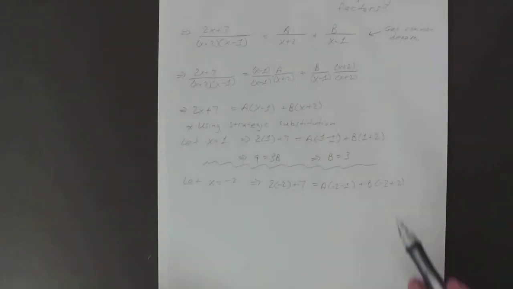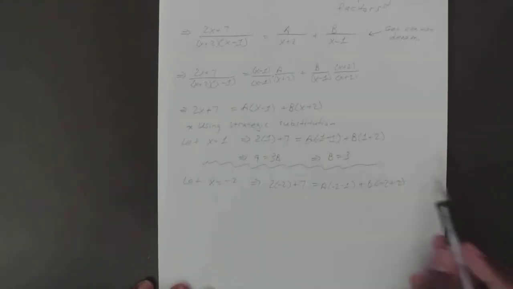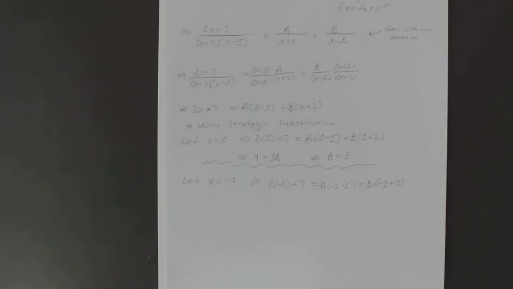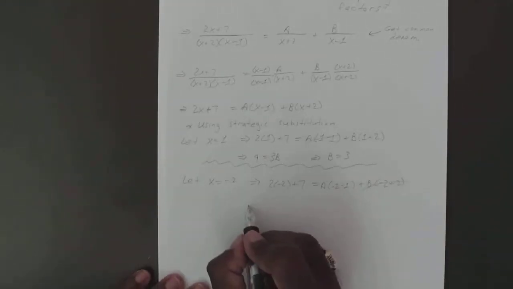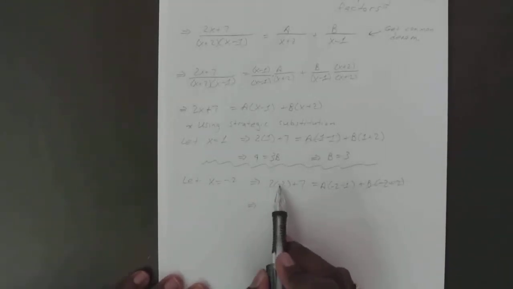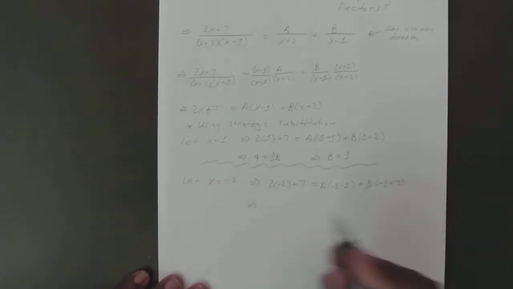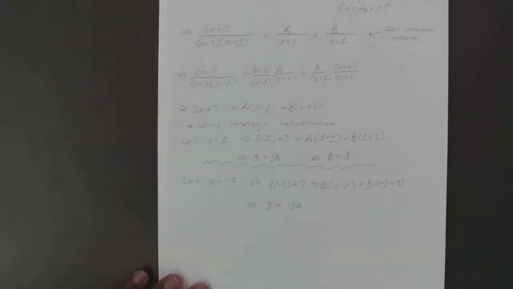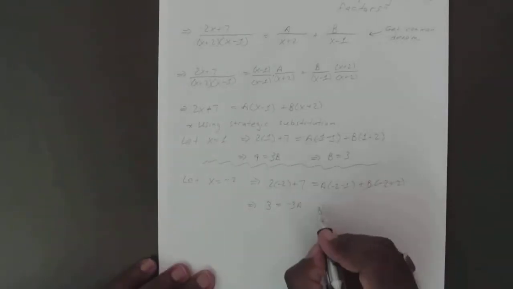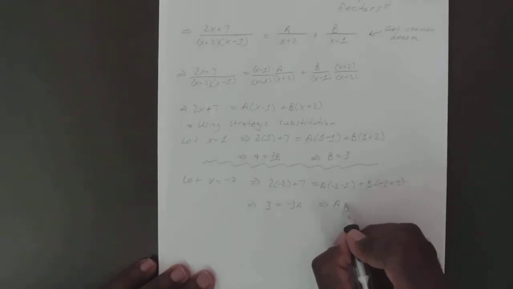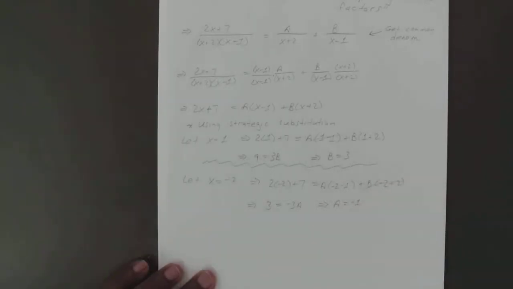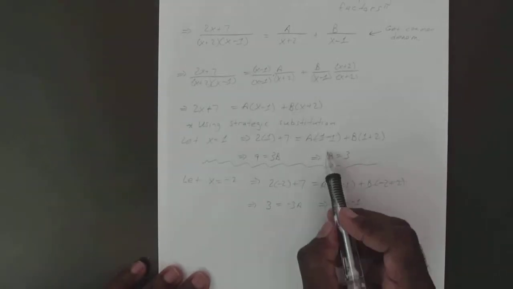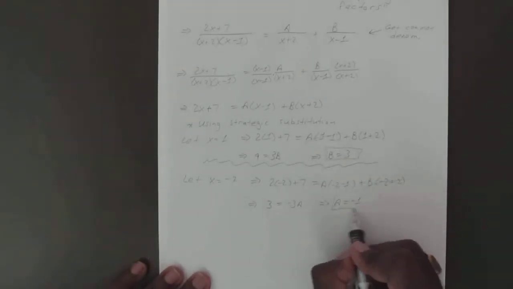Just like before, negative 2 plus 2 is 0, so that one disappears. So we end up with negative 4 plus 7 is 3, equals negative 2 minus 1 is negative 3, A. So that means that A is equal to negative 1. So we have our B, we have our A.